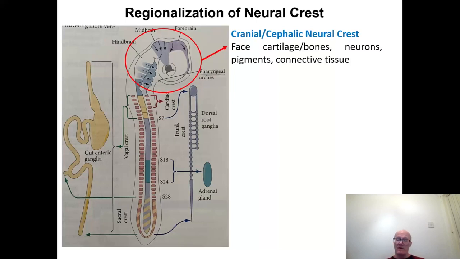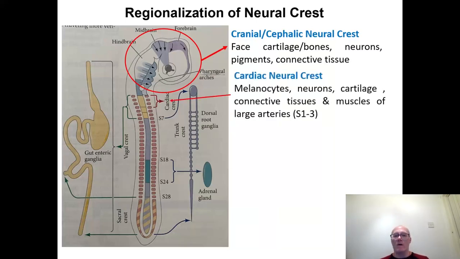In this cartoon, which represents a chicken embryo, the cranial or cephalic neural crest are responsible for the development of the face cartilage and therefore the bones. Remember that cartilage comes first and then bones come later. They also form the peripheral neurons associated with the muscles in the face, the pigmentation of the face, as well as connective tissue.